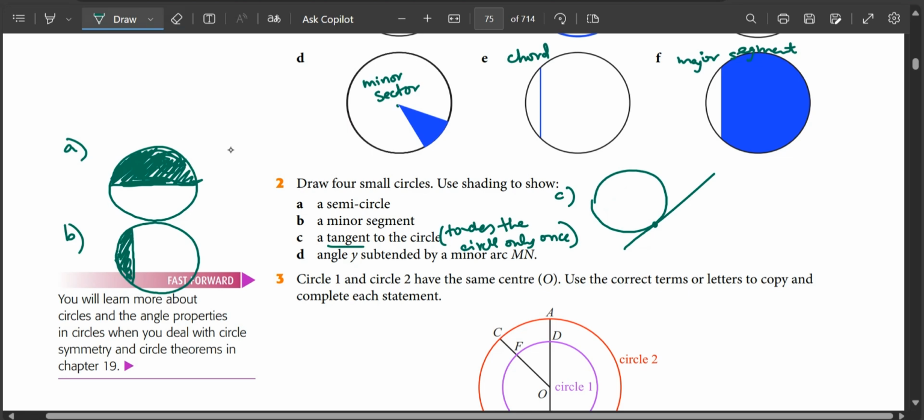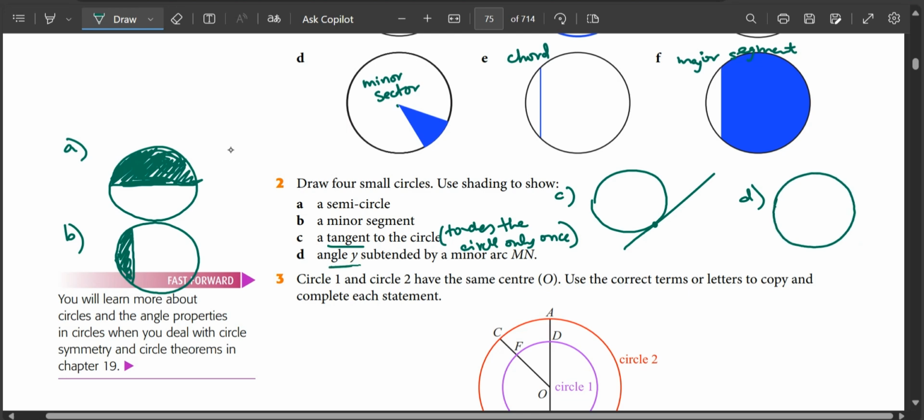And what is D? Such a horrible circle. Okay, what D part says, angle Y subtended by a minor arc MN. Oh, nice. So angle Y subtended by a minor arc MN. Let's make a minor arc.